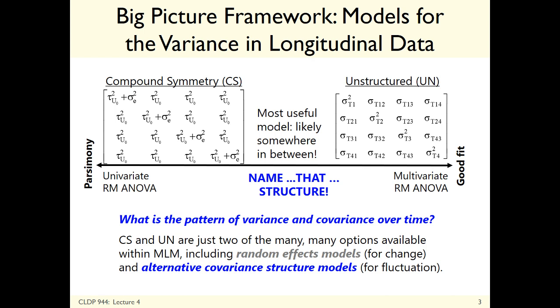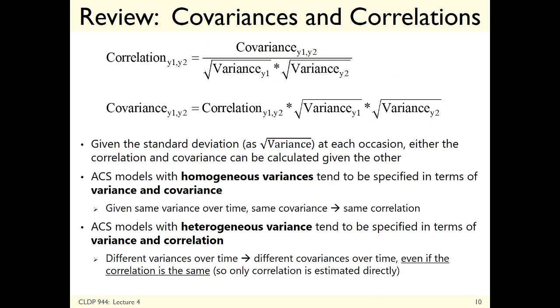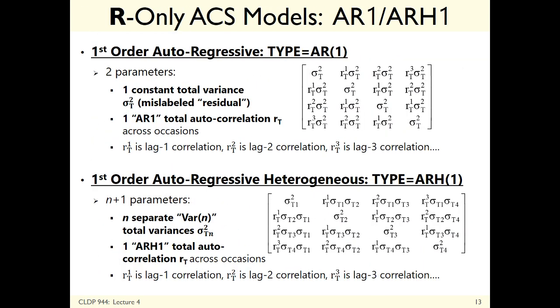Now what about AR1? Let's look at that one again. How many parameters is AR1? Feel free to read from the slide. 2. What if I had 10 occasions? 2. Yeah. So that means it is not nested or non-nested relative to CS, it has the same number of parameters.